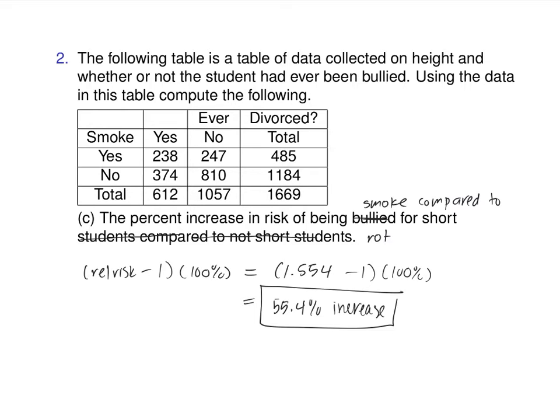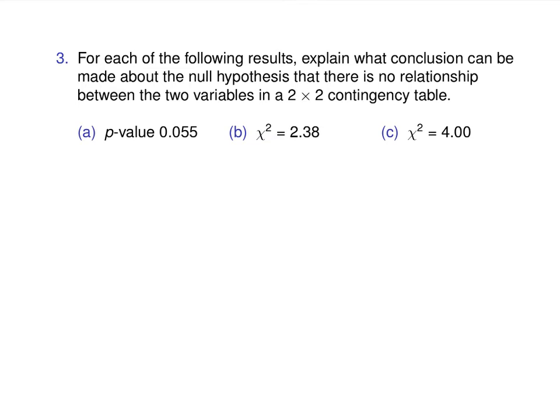Okay. We'll probably get through this one, but not the last one. Happens. Okay. So when you're looking at p-values and chi-squared values, you reject H naught if p is what?